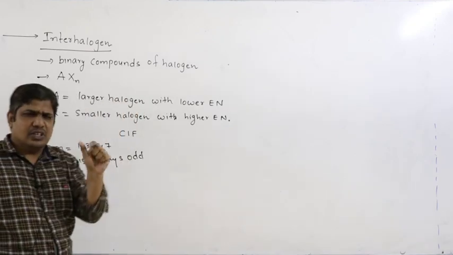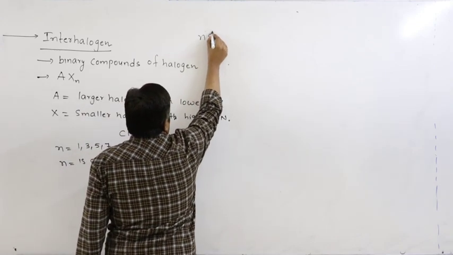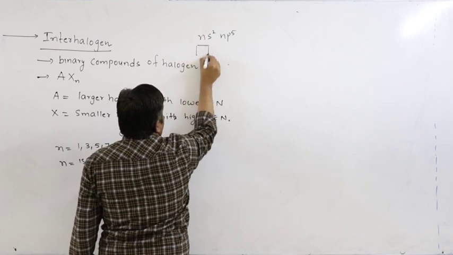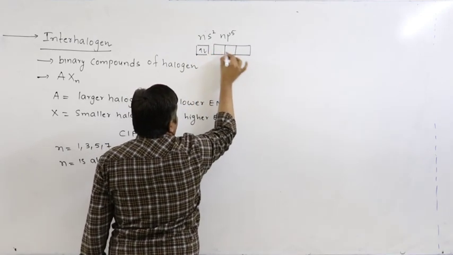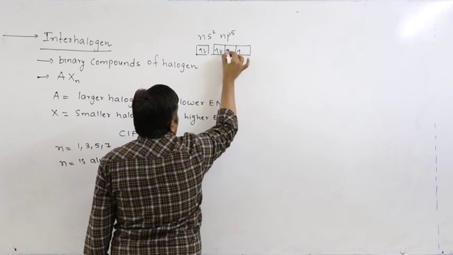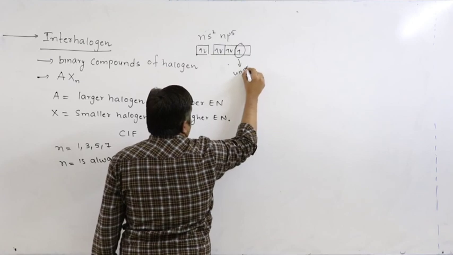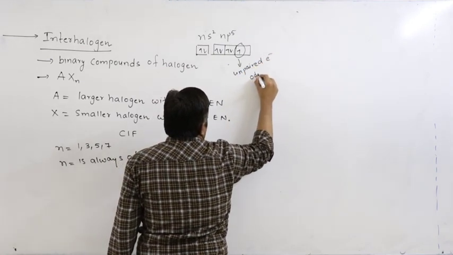If I take any halogen, the general outer electronic configuration is ns2 np5. So if I write the outer electronic configuration, you can see there is an unpaired electron or odd electron.